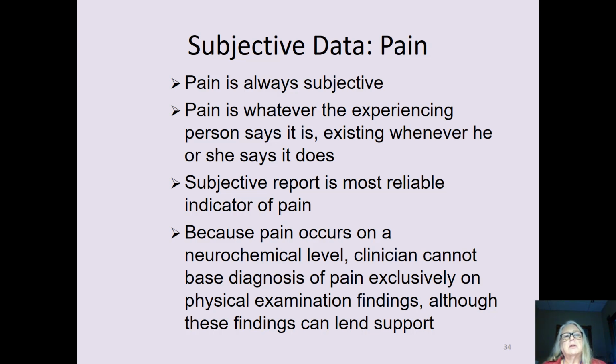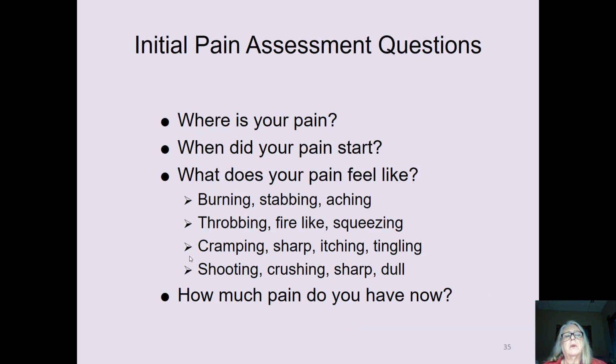So pain is always subjective because we can't prove that somebody's in pain. You can watch their nonverbals, but there's nothing that we have that actually measures pain very well. So it is whatever the patient is saying it is. Actually, pain occurs on a neurochemical level, and you can't see it.